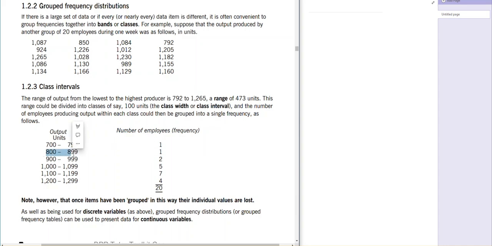From 800 to 899, we have one frequency. From 900 to 999, we have 2. From 1000 to 1199, we have 5. And here we have 7. So we have the highest frequency here. So data mostly appears in this range.